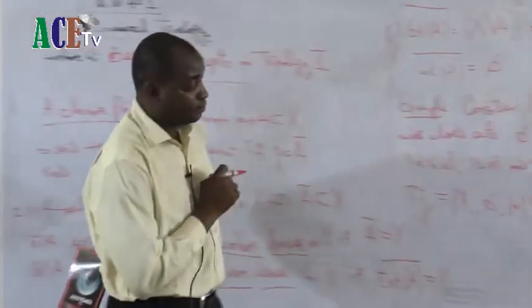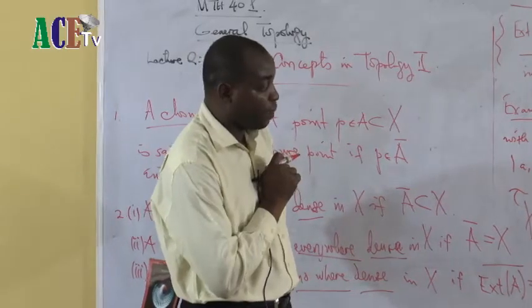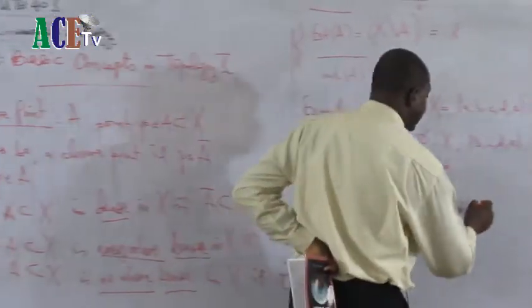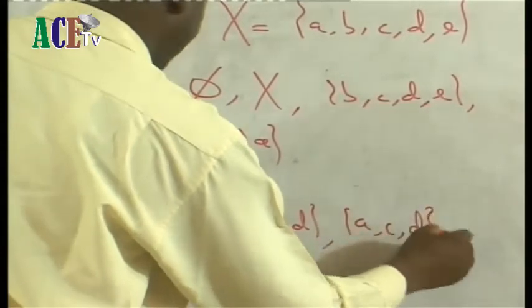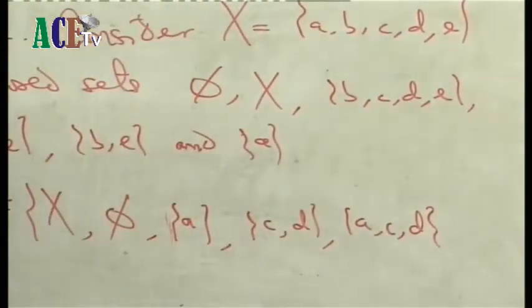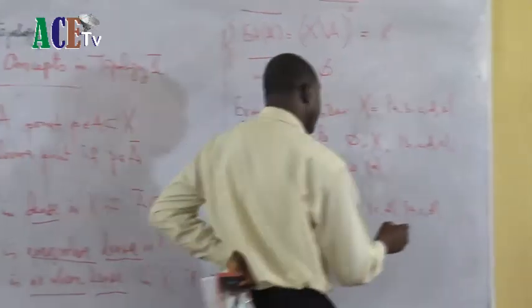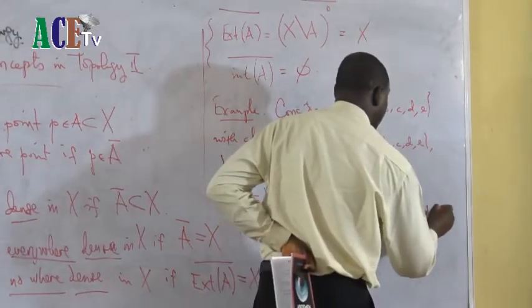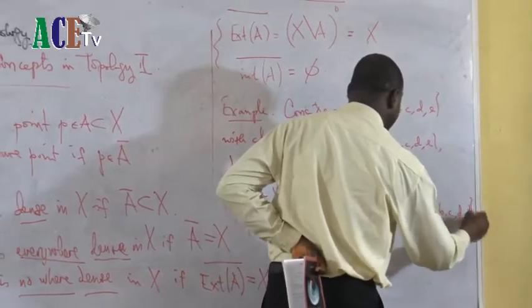And then X take away {B, E}, which is a closed set. What would that give you? You'll be left with {A, C, D}. And then X take away the singleton {A} will give you {B, C, D, E}.